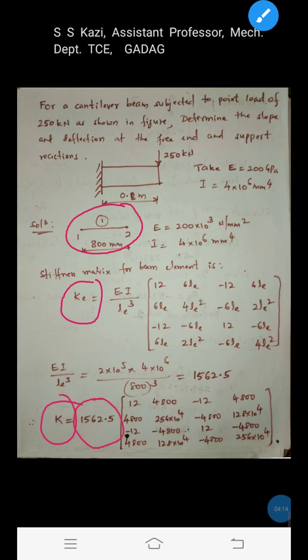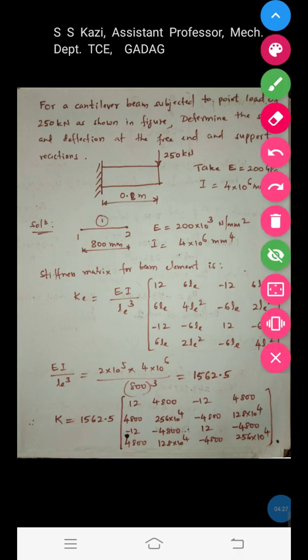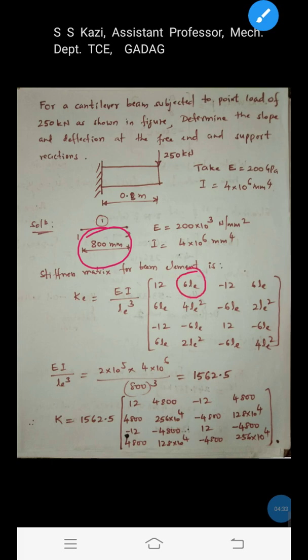Now 1562.5 you write outside, and you just write the terms 12. 6 times LE, where the length of the element is 800 mm, will be 6 into 800, which gives 4800.